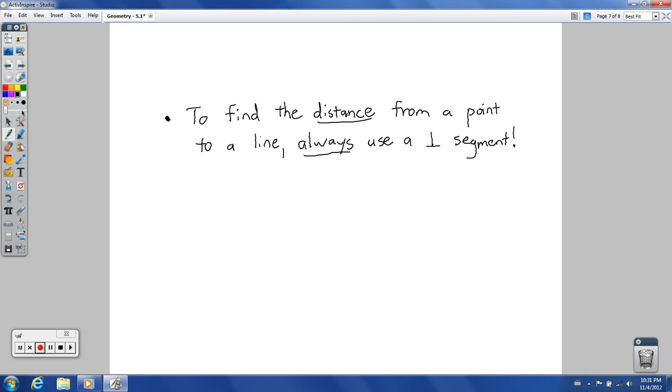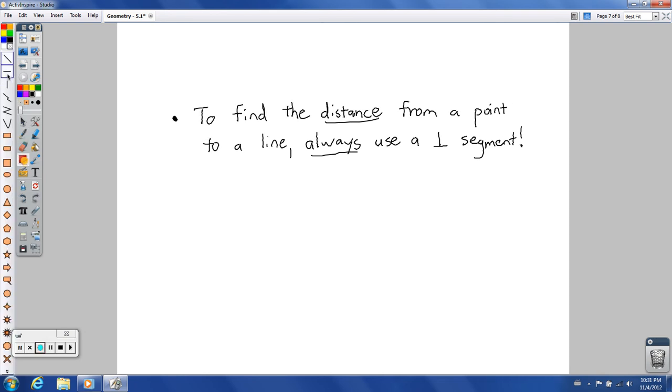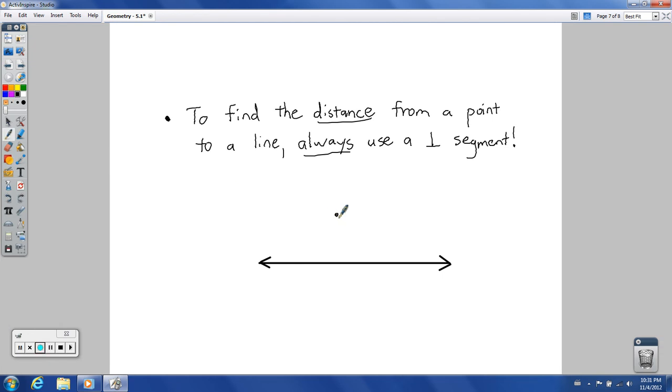I think I'll quickly illustrate what I mean by that. Let's say we have a line. I'll just make a horizontal line for now. It doesn't have to be a horizontal line. And then we have some point off here.